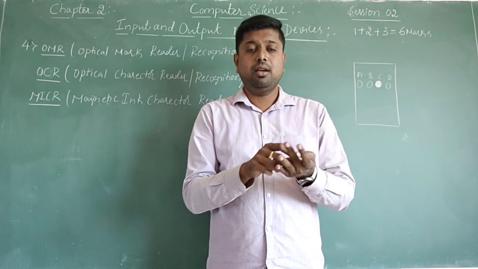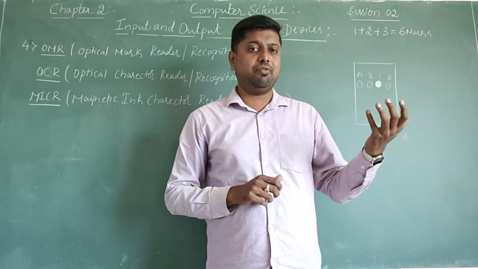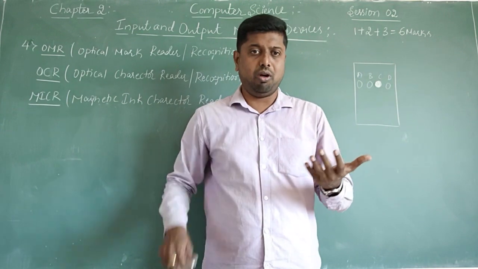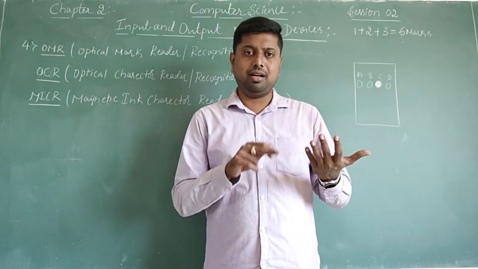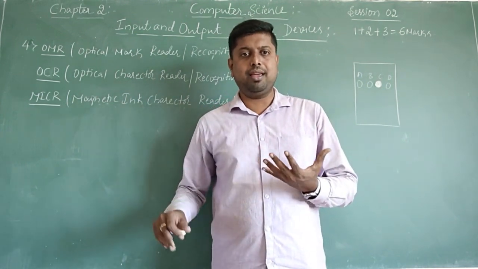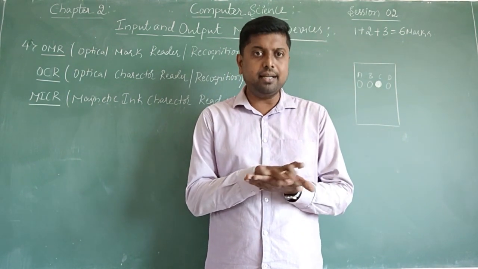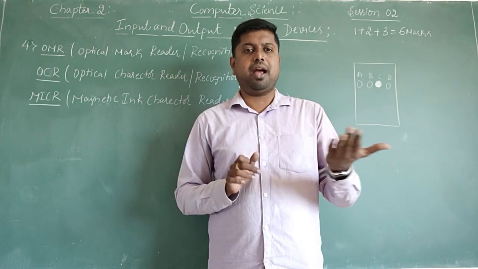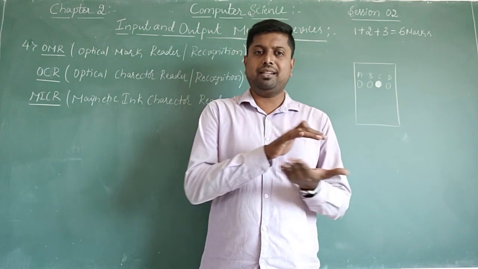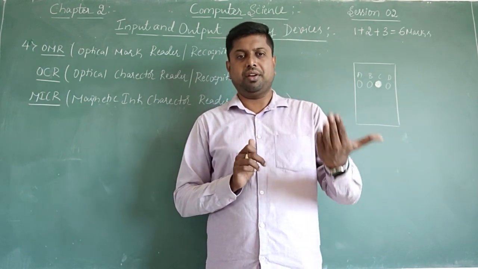Otherwise, to check whether answers are right or wrong, you would have to check all the marks and count how many right or wrong answers. But with the help of readers, in fractions of seconds or minutes, you get the result. So it is very easy for evaluation.